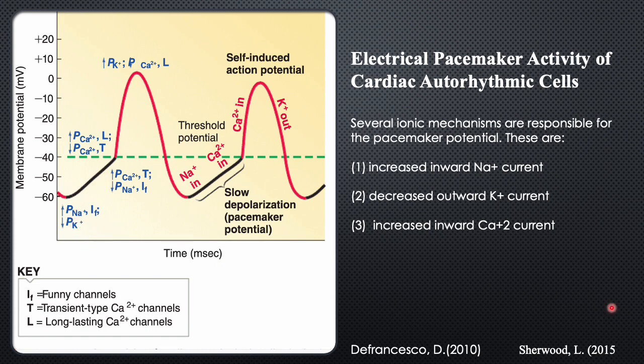The third shift happens in the second half of the pacemaker potential when funny channels close and transient calcium channels, one of the two types of voltage-gated calcium channels, open before the membrane reaches the threshold, leading to a large influx of calcium ions which further drifts the membrane and brings it closer to the threshold, then close after reaching the threshold.